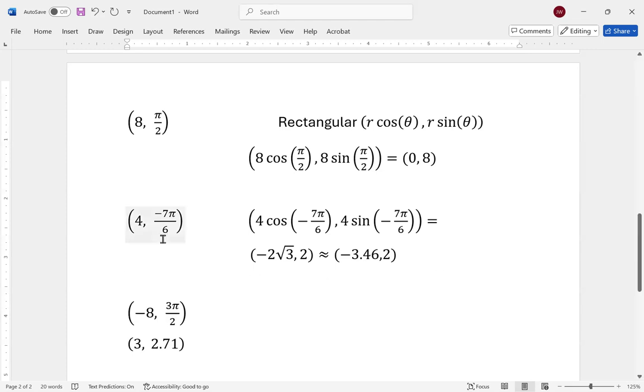By the way, let's think about this situation for just a moment. 4 and then negative 7 pi over 6. We can think about where that is in relationship to our angles, and then go out 4 units.